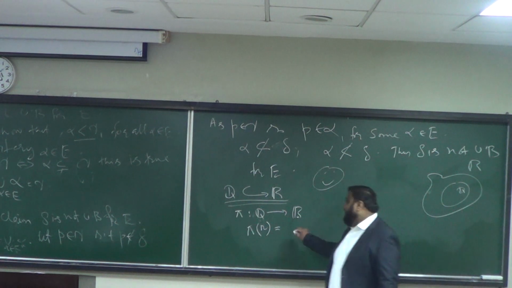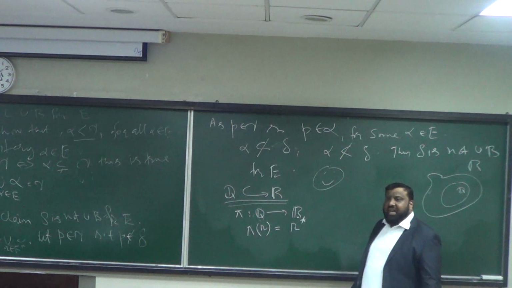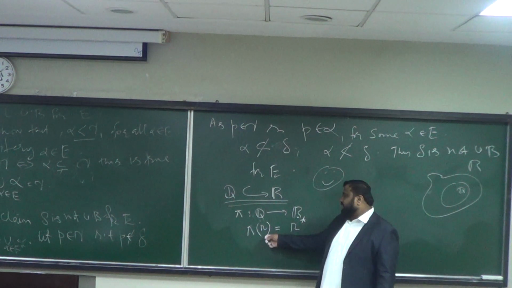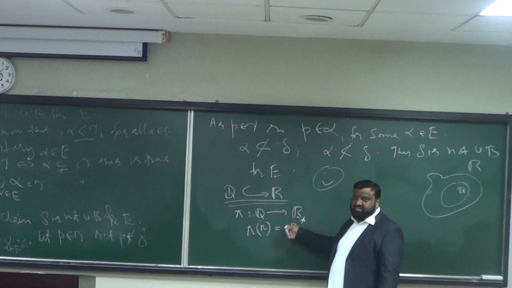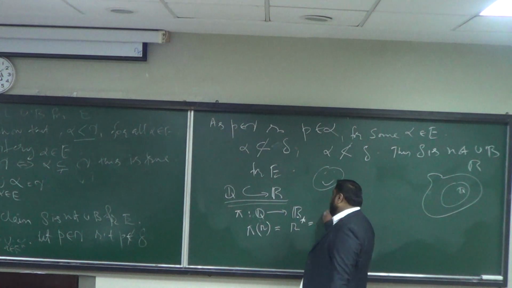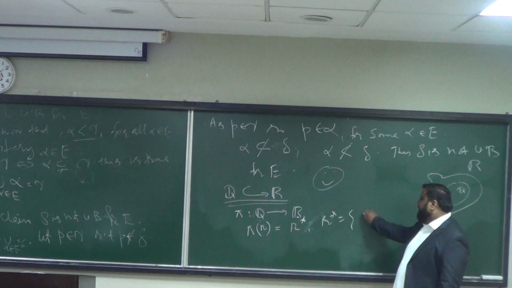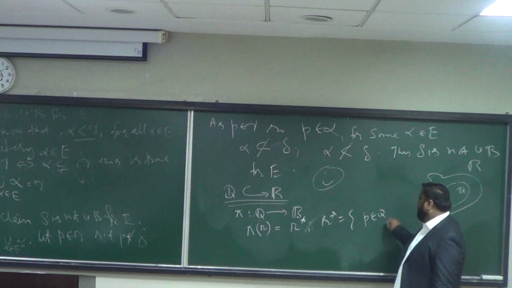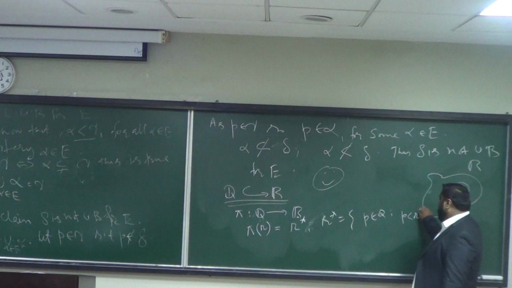How about thinking that for every r, you have a cut r star. Now we define r star. So the r star comprises those elements of Q such that they are less than r, so it's a very natural candidate.